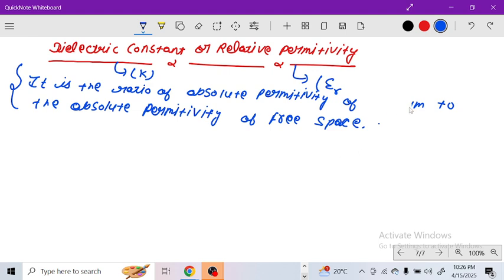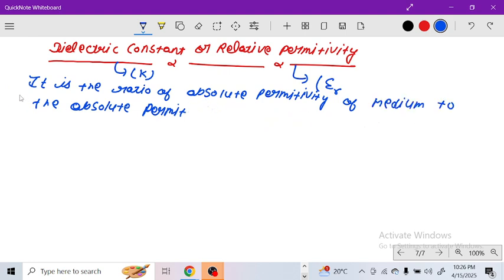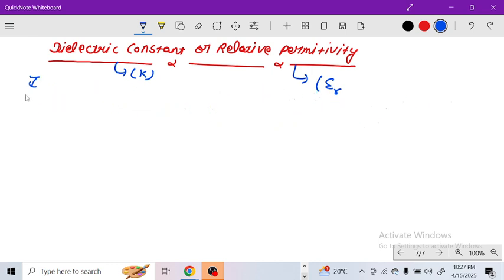You can also write it here, the absolute permittivity of free space to the absolute permittivity of medium. Wait, what is going on here?